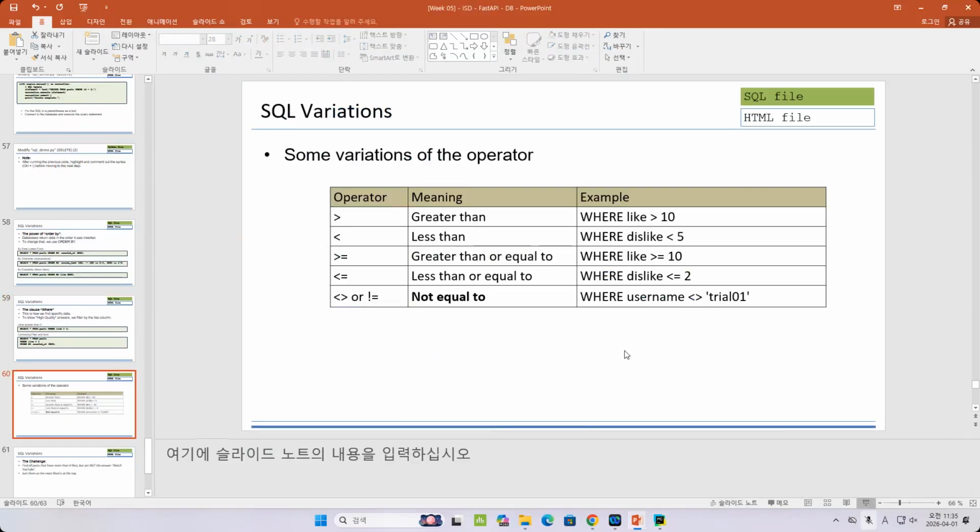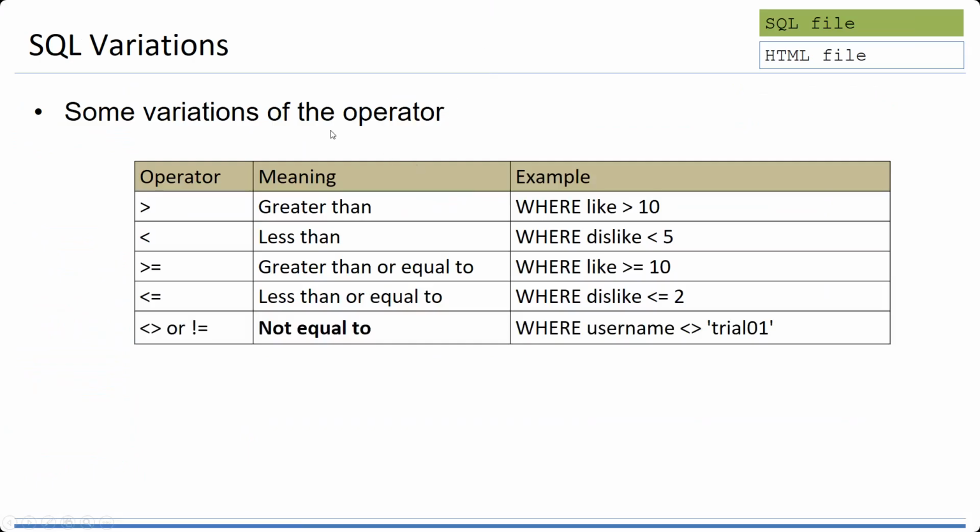So there are some variations of the operator. Okay, you can do it by yourself. For example, I want to check whether the value is greater than. So you can use this one. Whether the value is less than, greater than or equal to, less than or equal to, or not equal to. Not equal to means, if you know the mathematical equation, it is something like this.